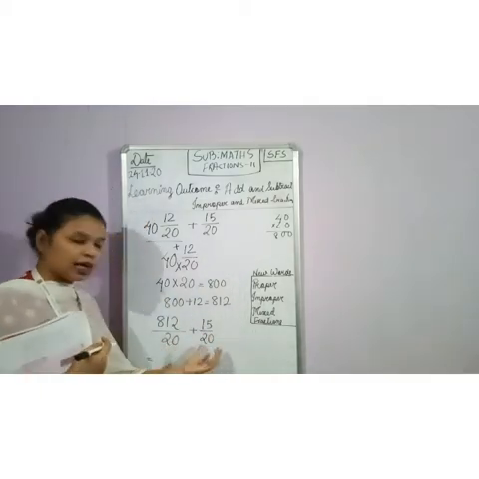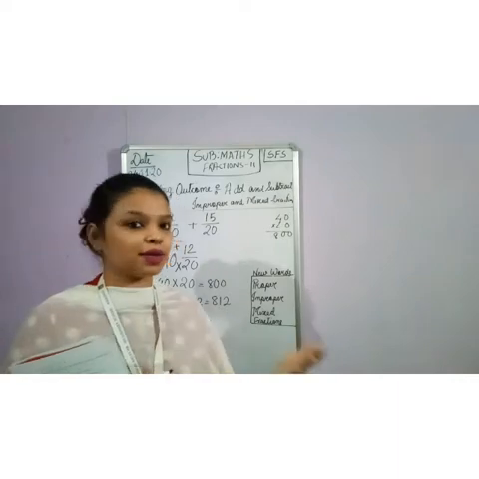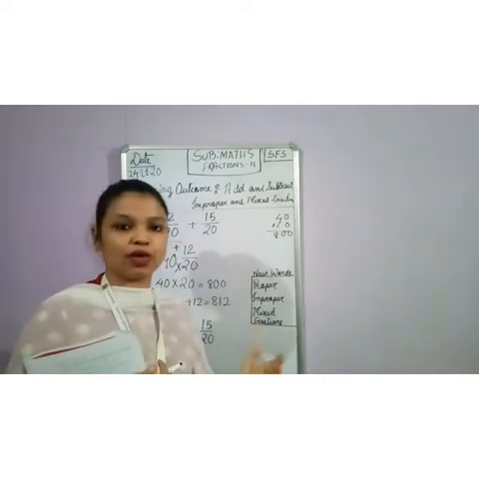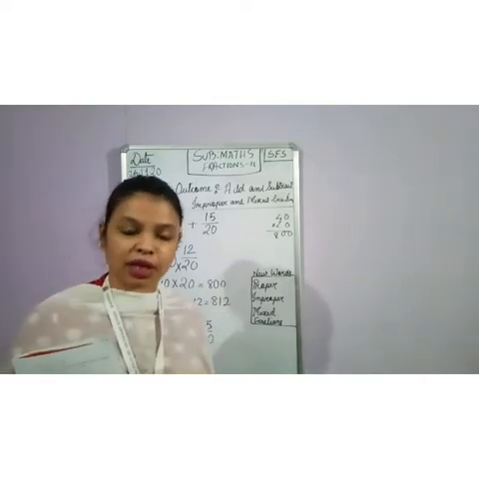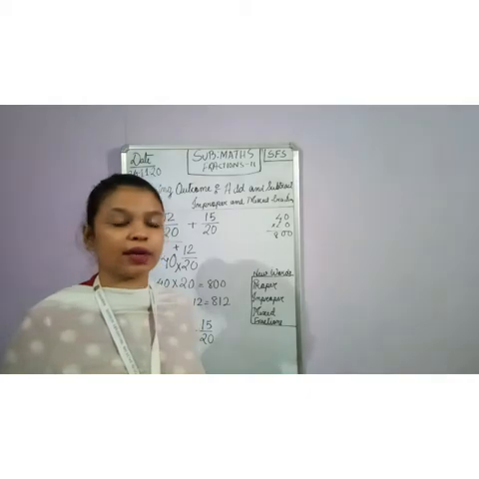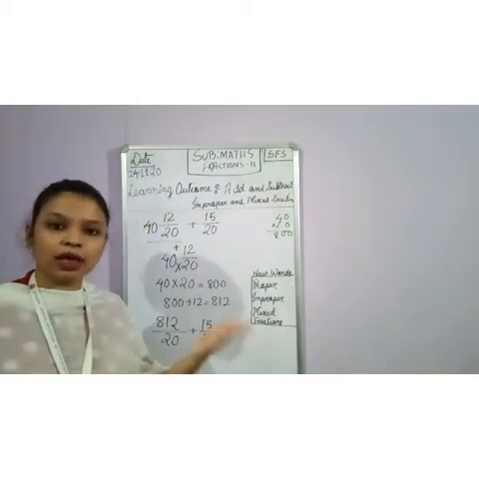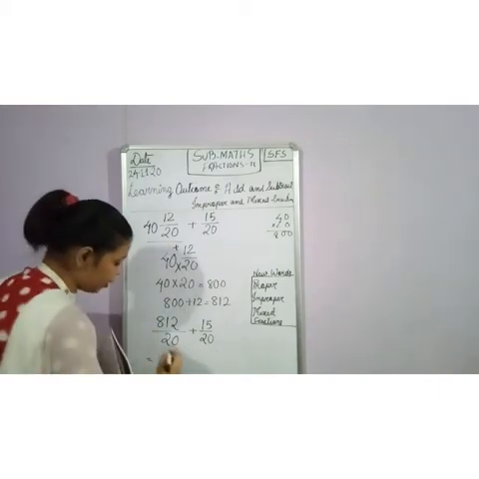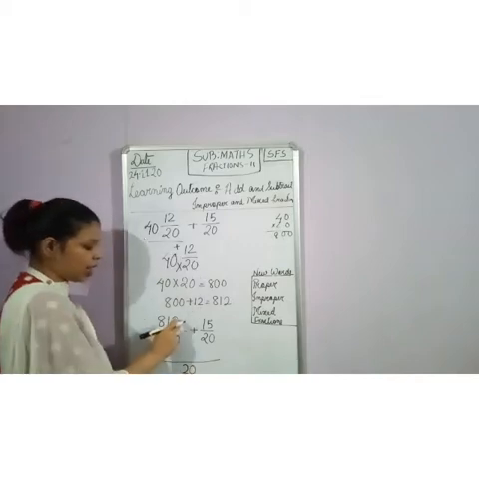So both are like fractions. When you go to higher classes, class 6, class 7, you can add and subtract unlike fractions also, but here we need not do that. Both have the same denominator, so we take 20 as the common denominator.